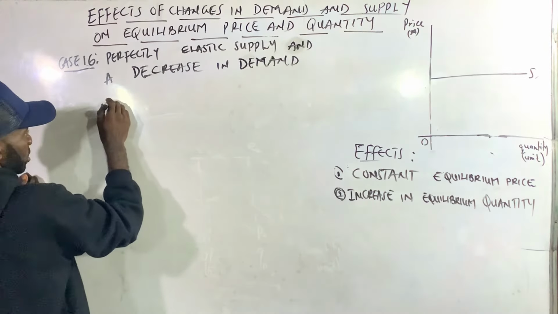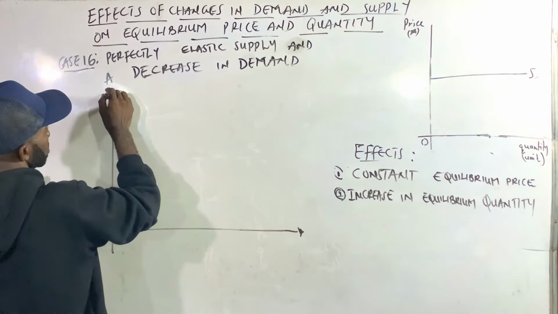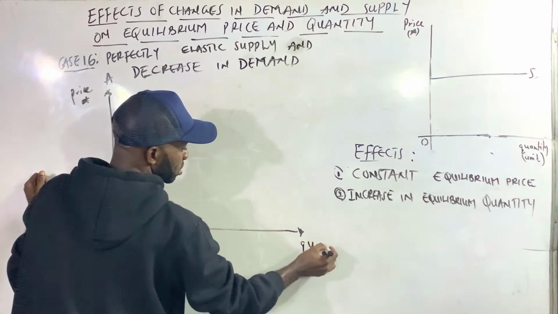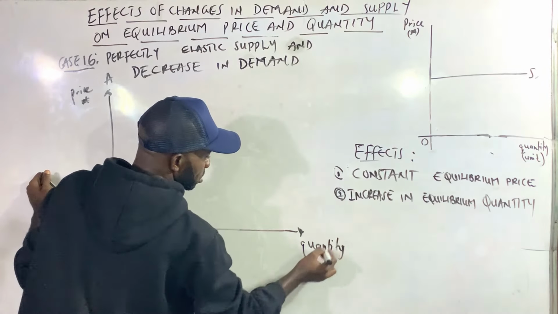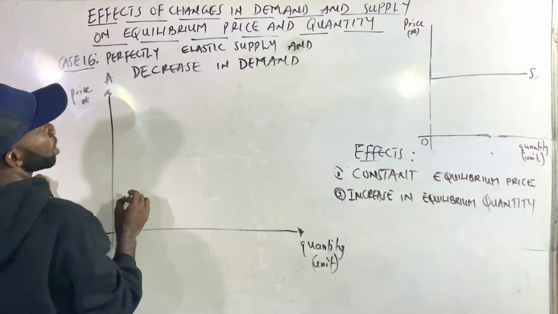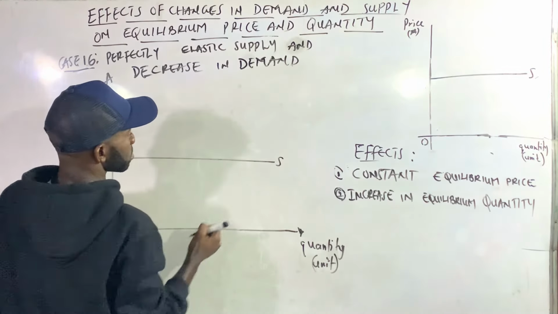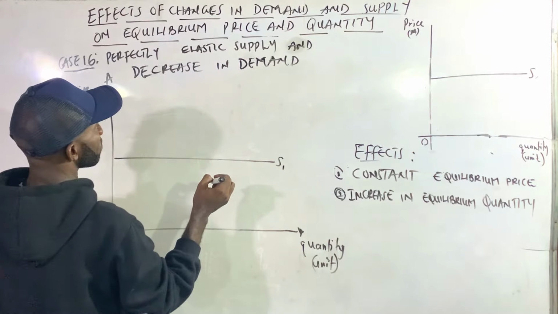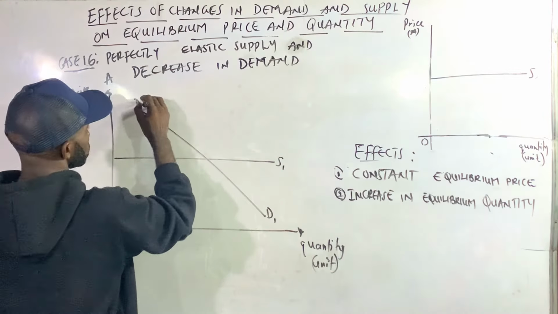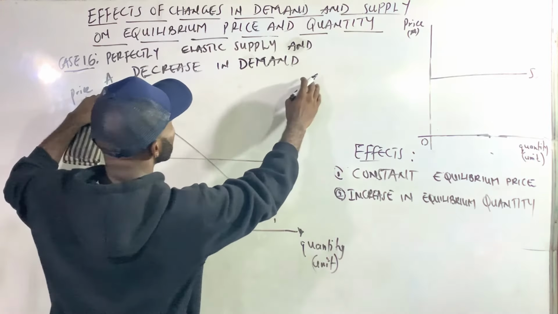So with the same trend, no big difference, we'll take the price line in Naira, and I'll take the quantity in units. Perfectly elastic supply. And then we have the original demand curve, D1, and then the examiner says, obey the instruction of a decrease in demand here.